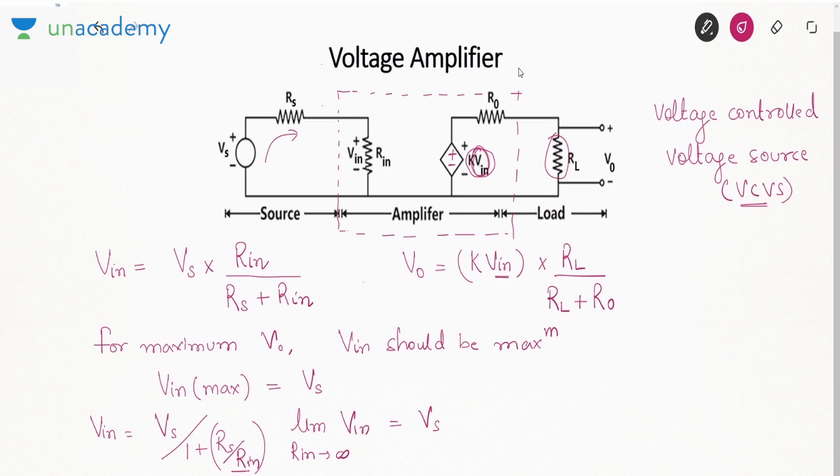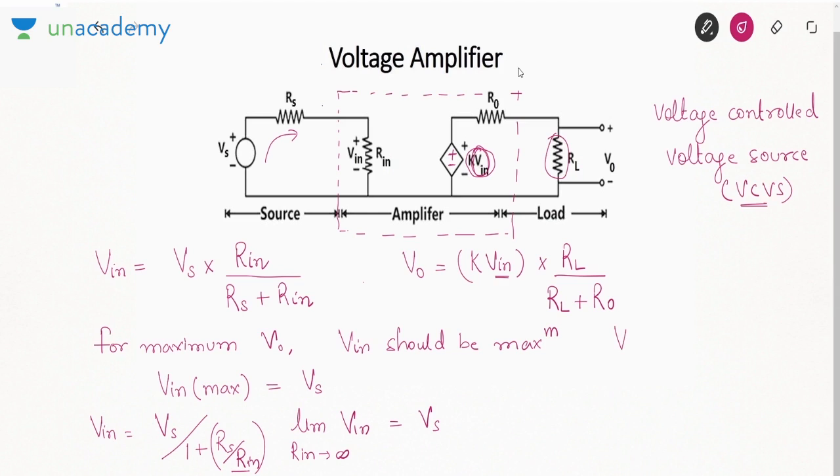So it will become Vs. So if you want Vin to be maximum, the input resistance of the amplifier should be infinite, and that kind of behavior we saw in MOSFET. Remember the hybrid pi model that I told you in MOSFET? In that I showed you the gate to source terminals are open circuited because there is no input current to the amplifier. So that is what I am saying, the input resistance should be infinite for Vin to be maximum.